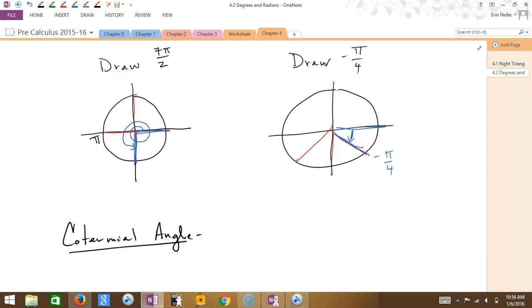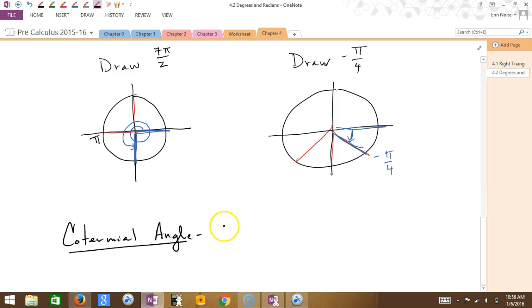So a coterminal angle would be 7 pi over 2 and 3 pi over 2. If 7 pi over 2 and 3 pi over 2 are coterminal, what is a coterminal angle? They're the same thing. They're one full revolution further.